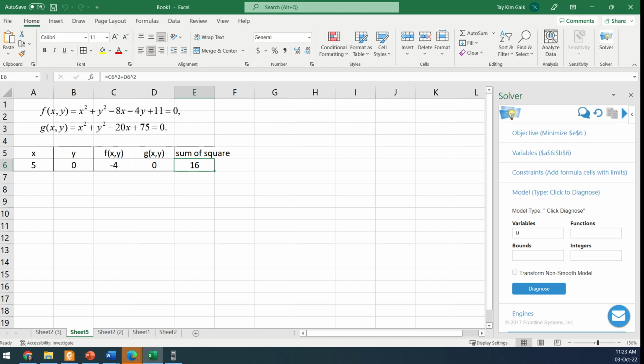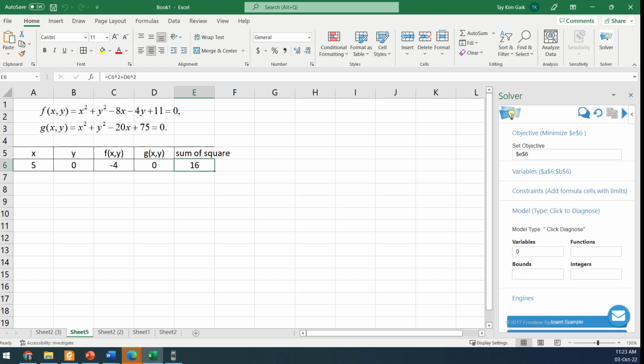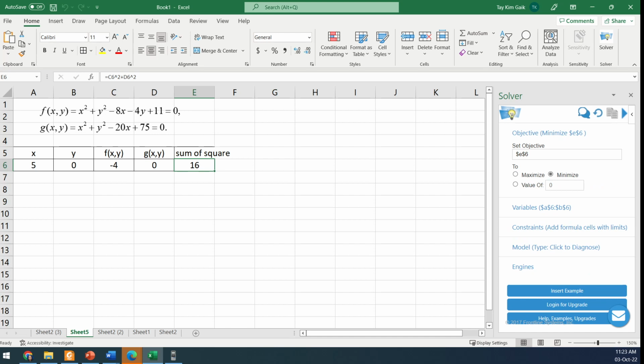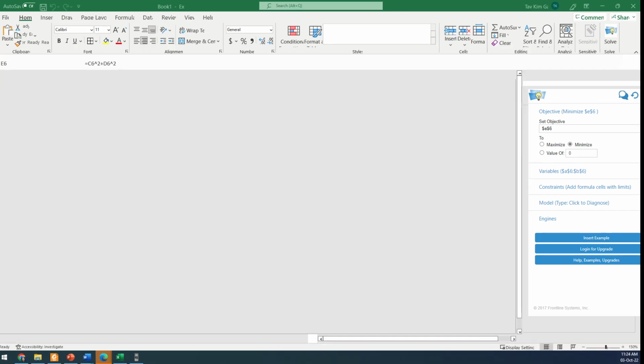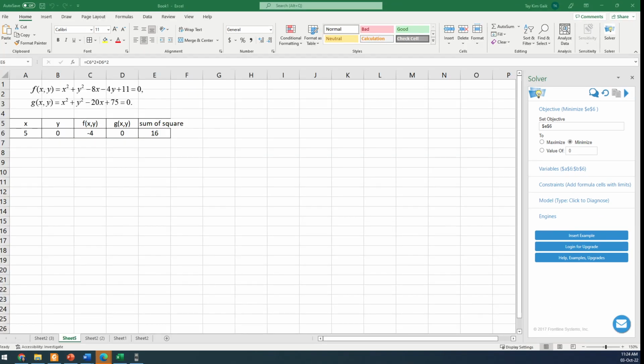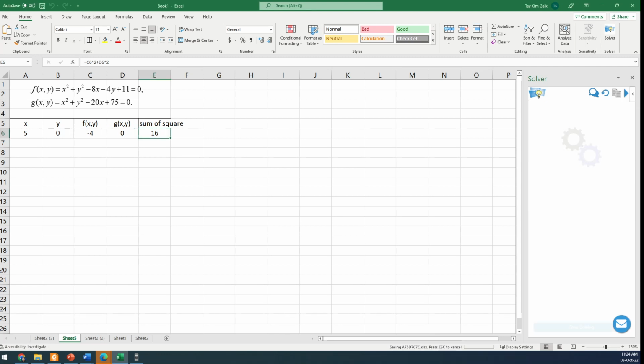Suppose at the bottom I got the solve thing, then I can solve it. Okay, set objective is E6. Minimize it to 0. Constraint, we don't have a constraint in the model. Why can I not solve? Or upload the workbook.